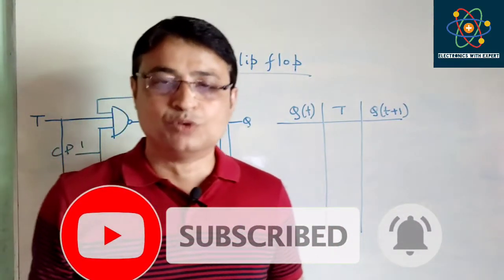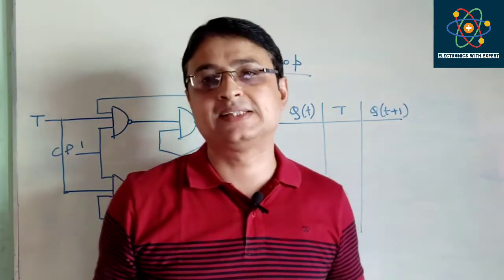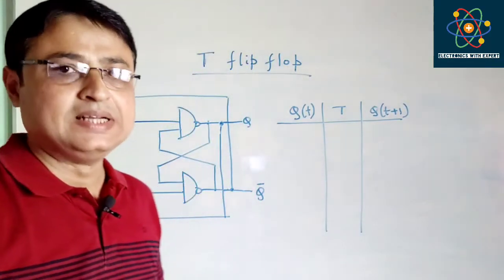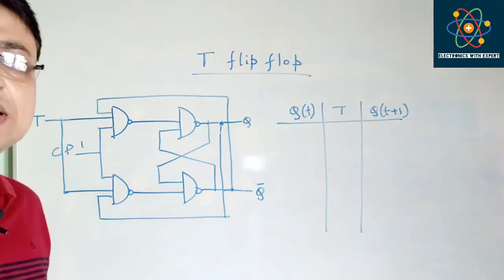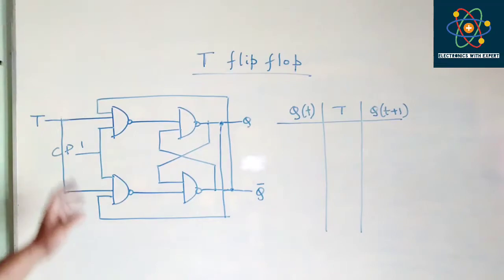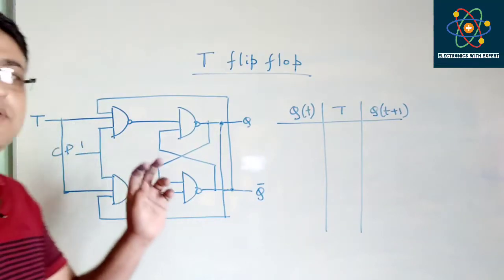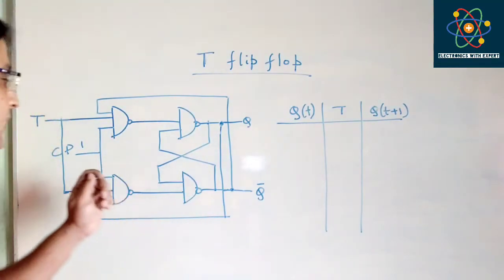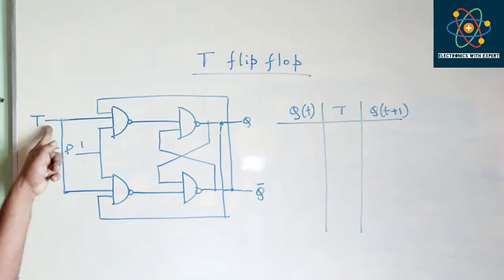So let's move to the last and the fourth case, that is the T-type flip-flop. T-type flip-flop is nothing but a simplified version of a JK flip-flop. Here both the inputs of the JK flip-flop are tied together, and this is known as the T input.